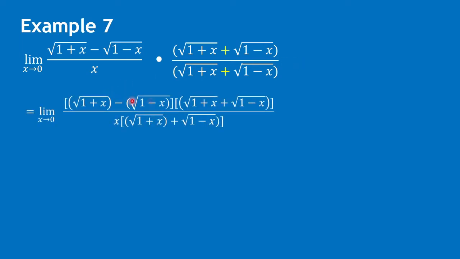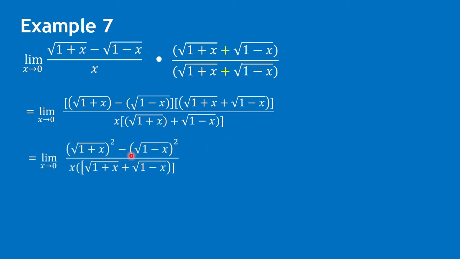The numerator shows the sum and difference of two binomials. Therefore, we can simplify the numerator by doing special products, and that would be the square of the square root of 1 plus x minus the square of the square root of 1 minus x all over the denominator.